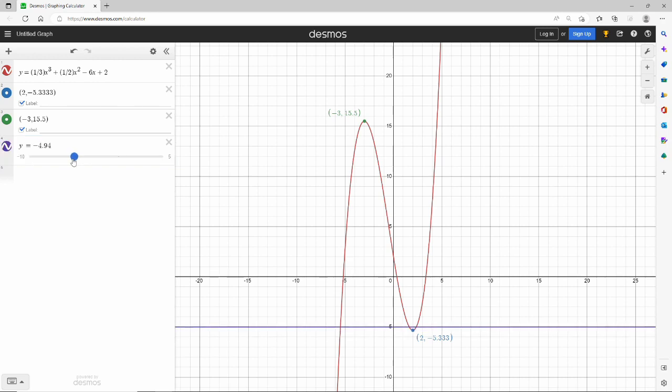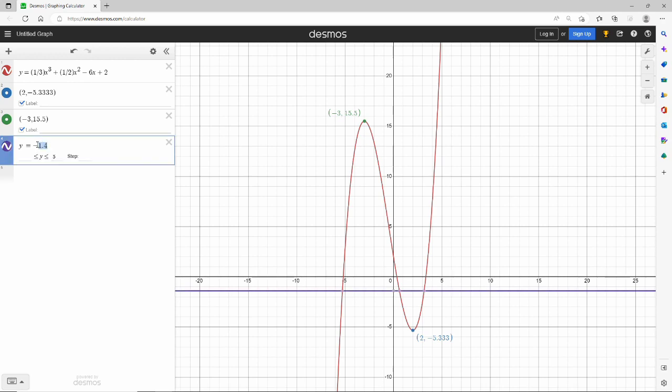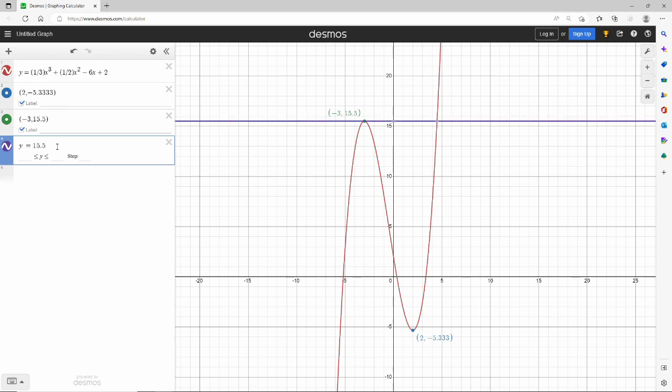Well, we can use this line that goes up and down to prove that the slope of the tangent line is indeed 0 at that point. And if we move it all the way up, no, we can't. Okay, so let's say y is equal to 15.5. And again, you can see the slope of the tangent line is indeed 0.